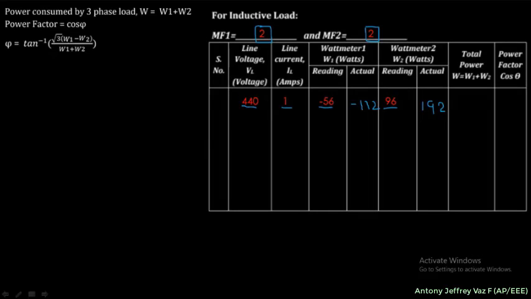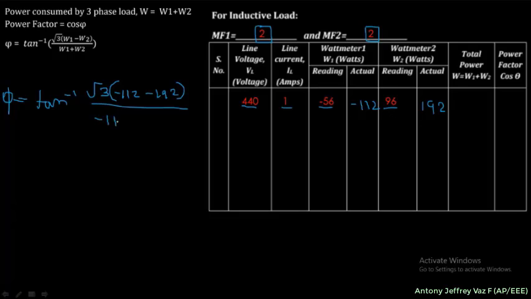Here you will have root 3 into (W1 minus W2) divided by (W1 plus W2), which gives a tan inverse. So phi is equal to tan inverse of root 3 into (W1 minus W2), which is minus 112 minus 192, divided by W1 plus W2, which is nothing but minus 112 plus 192.